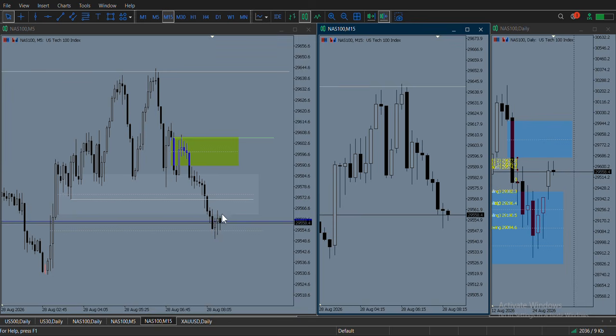We're still stuck on that 560 level. You can see the movement lower here now.